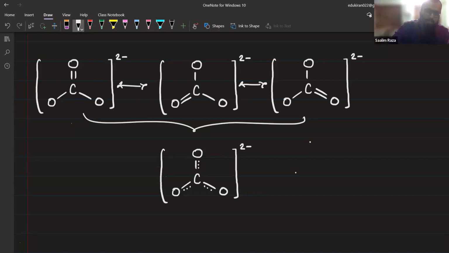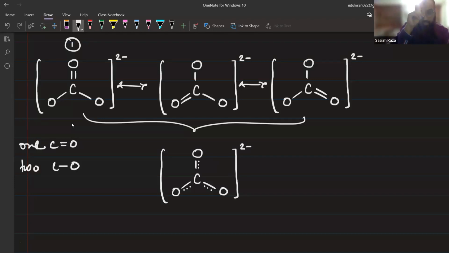Now, if they are partial double bonds, what is the effect? If I look at only one resonance structure, say the first one, I would say there is one carbon double bond oxygen and two carbon single bond oxygen. But this is not the reality.